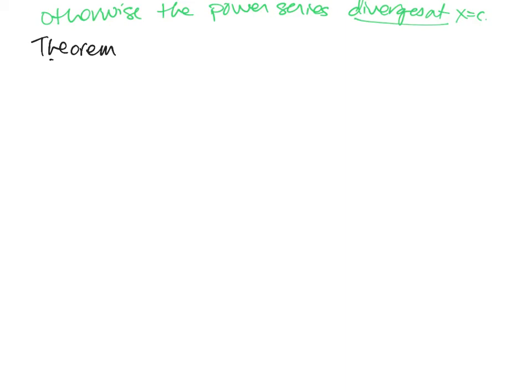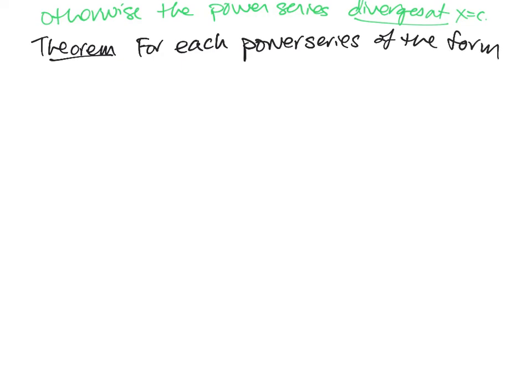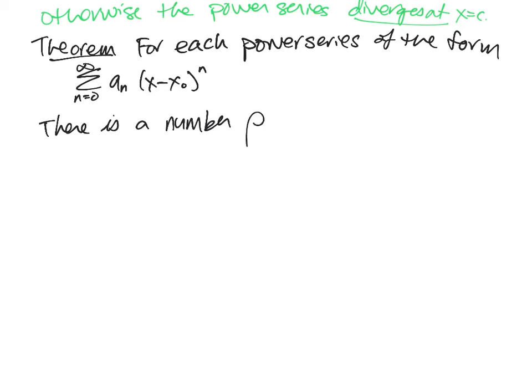So for each power series of the form just what I wrote before, sum from n equals 0 to infinity, a_n (x minus x_0)^n, there is a number, rho, looks like a p, and rho could be 0, and it could be infinity, or it could be anything in between.